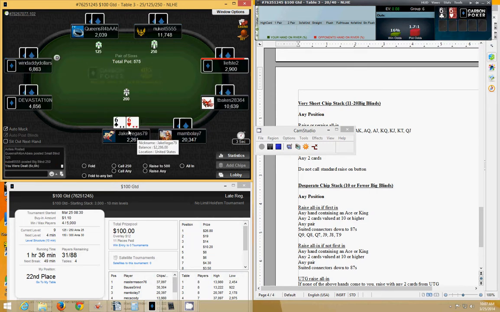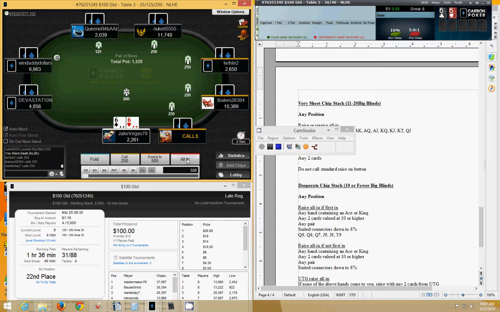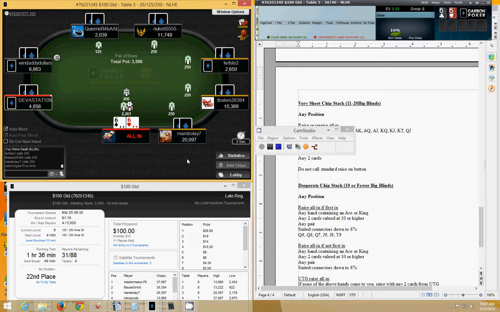And we wake up with a pocket pair. And this is an easy all-in with our chip stack.